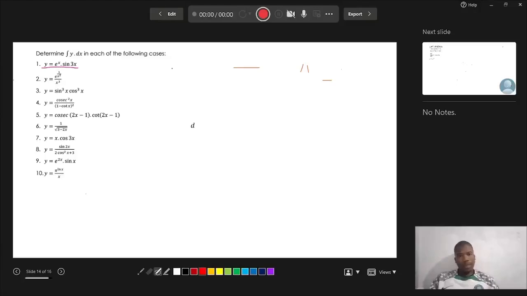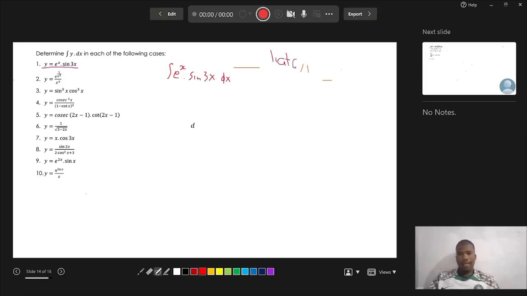So let us write it down: the integral of e to the power x multiplied by sine 3x dx.